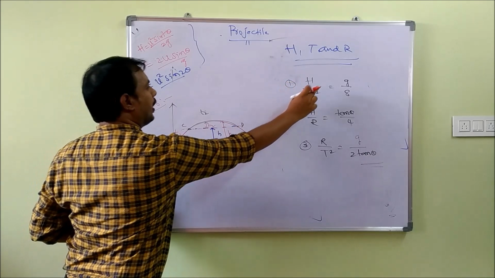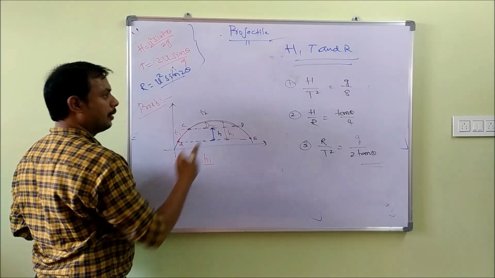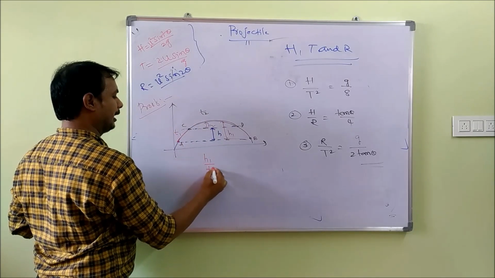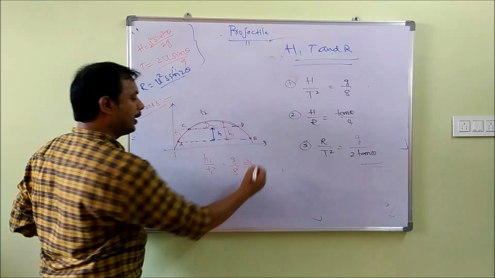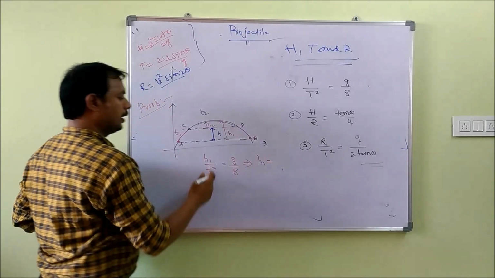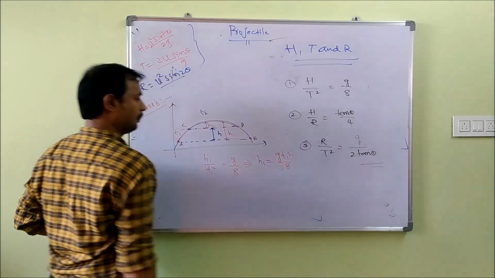So h by t square equal to g by 8. For height h1, t square is t1 square, equal to g by 8. So h1 is g t1 square by 8.